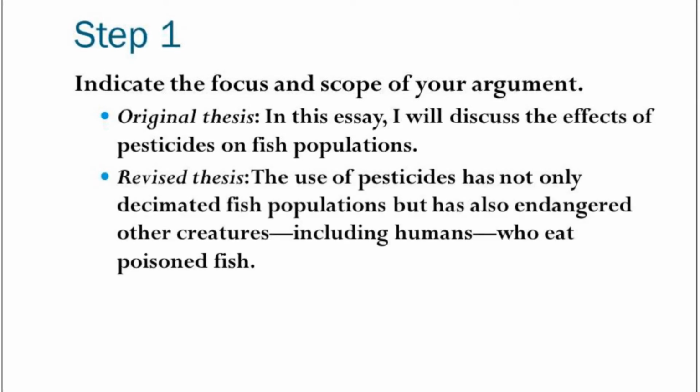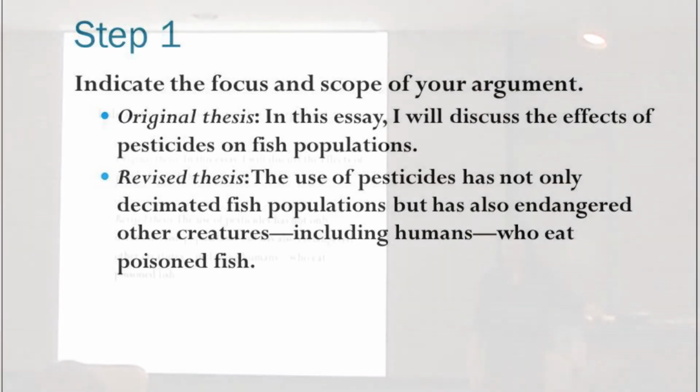The use of the pesticides has not only decimated fish populations, but has also endangered other creatures, including humans who eat poisoned fish. That's great. Okay, so the point is that these pesticides have decimated these populations, and they've also endangered other creatures.